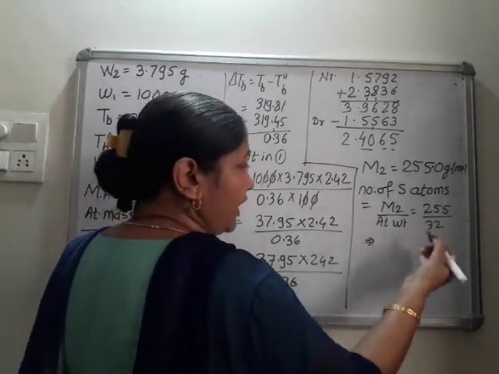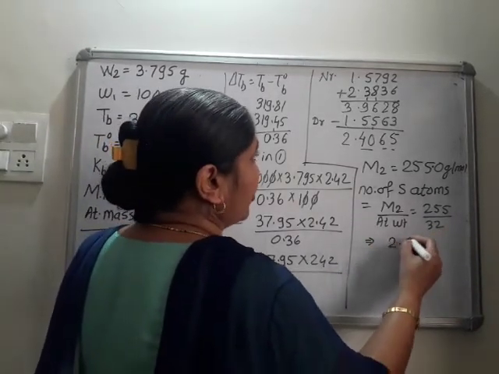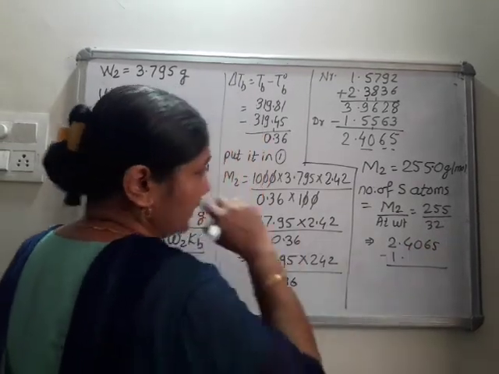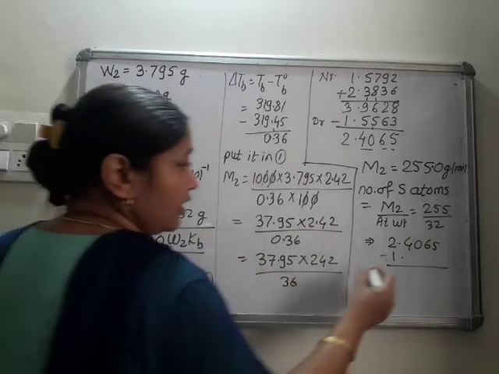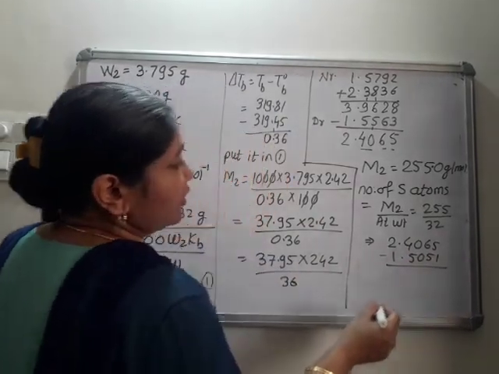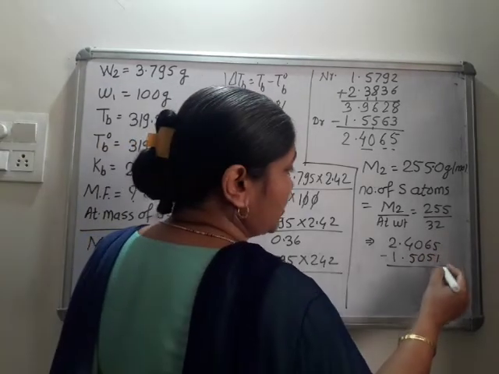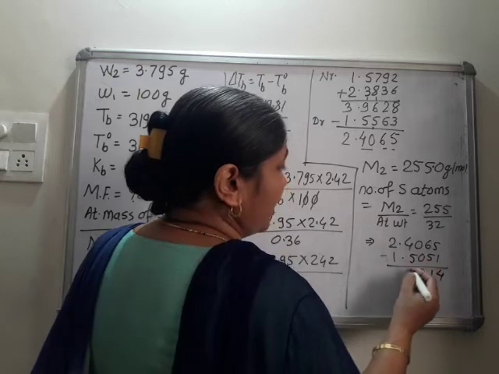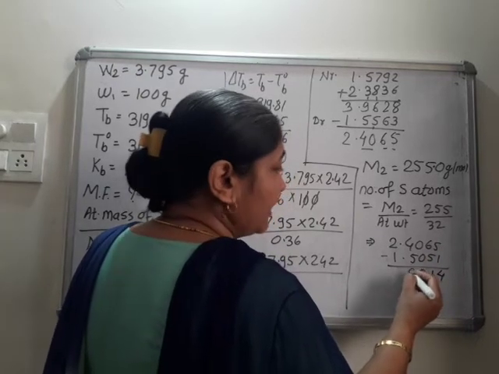252, 25 in 5, it is 2.4065. And what's the log of 32? 5051. Do the subtraction. So this is equal to how much? 5 minus 1, 4. This is 1, 0. 14 minus 5, 9. And here 0.